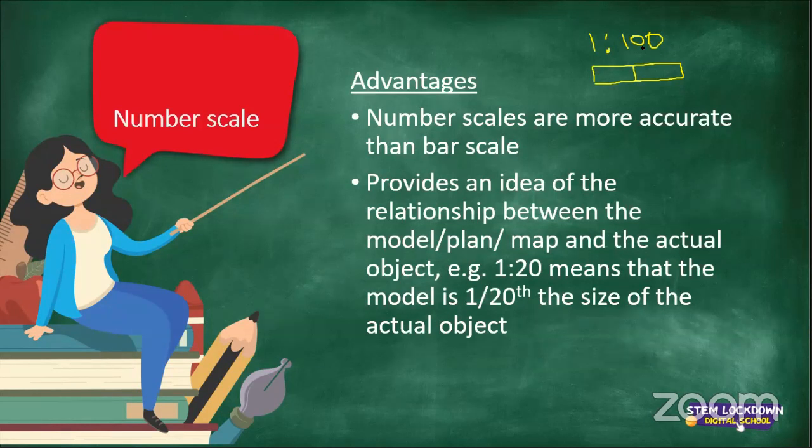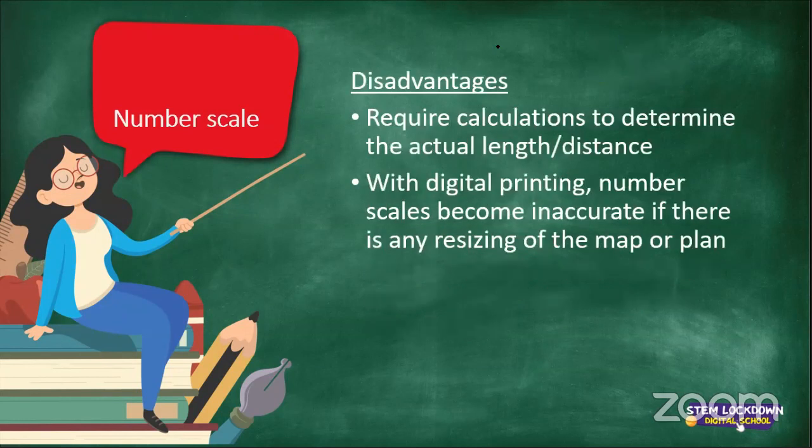So it is actually easy to understand in that way. If it's 1 is to 100, that means your paper is 100 times smaller than the actual land or the actual area that you're looking at. So those are the advantages of a number scale.